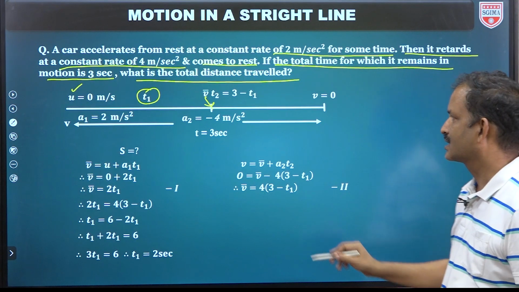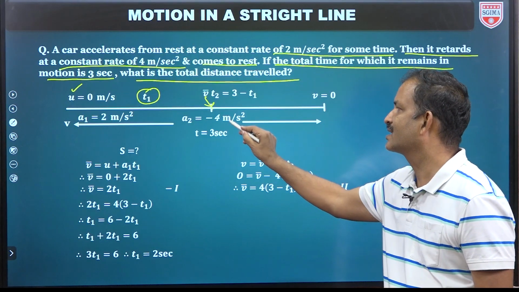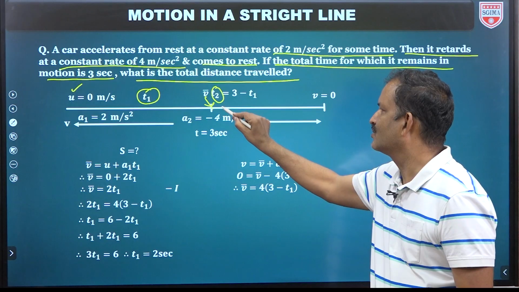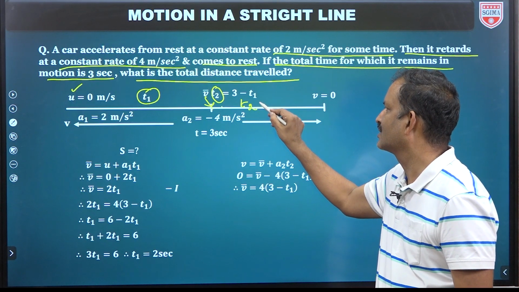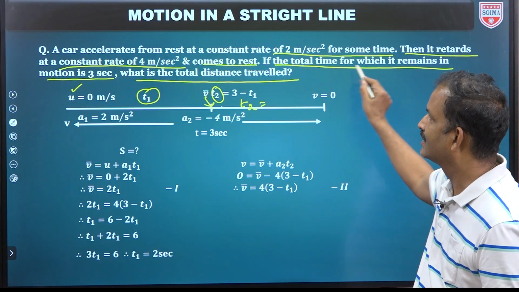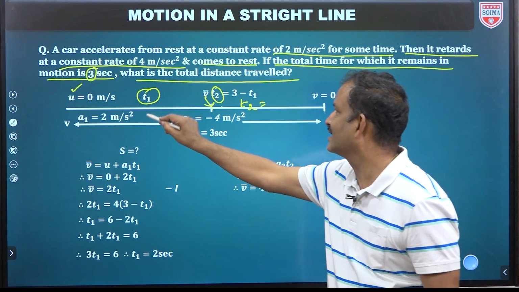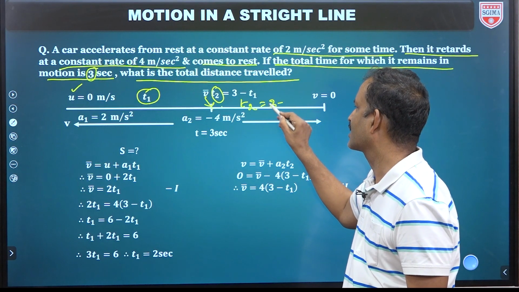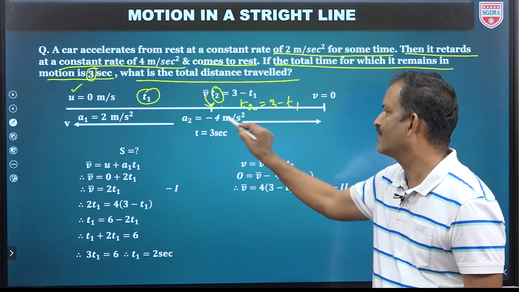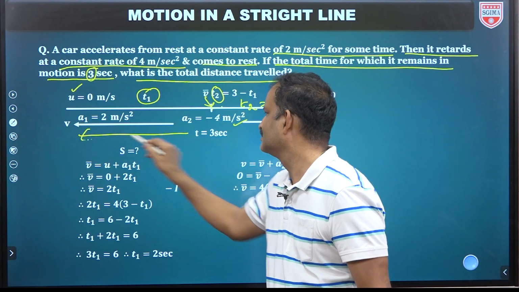Then it retards at a constant rate, retards means minus 4 meters per second squared. Now this time is t2. That t2 is equal to the total time, 3 seconds, minus t1. Here we have retardation. Total time is 3 seconds.